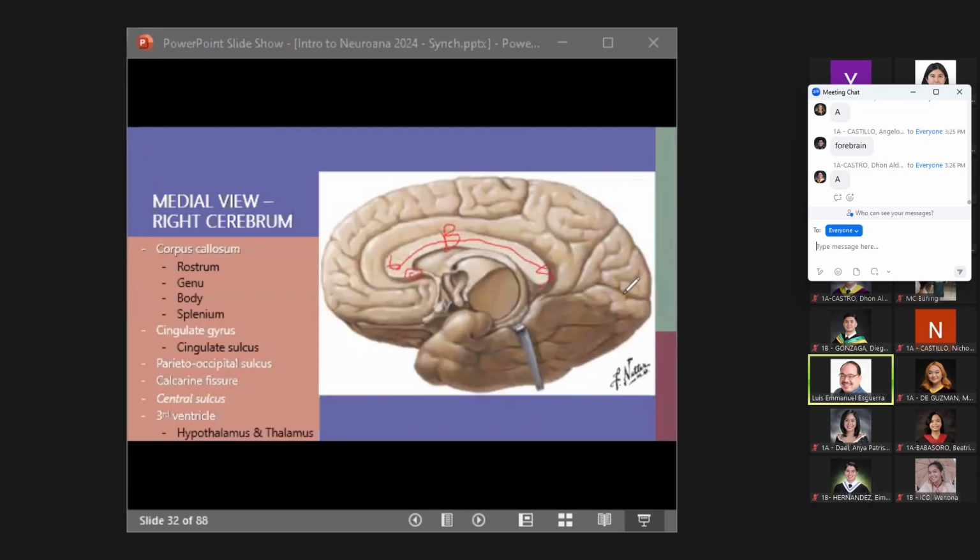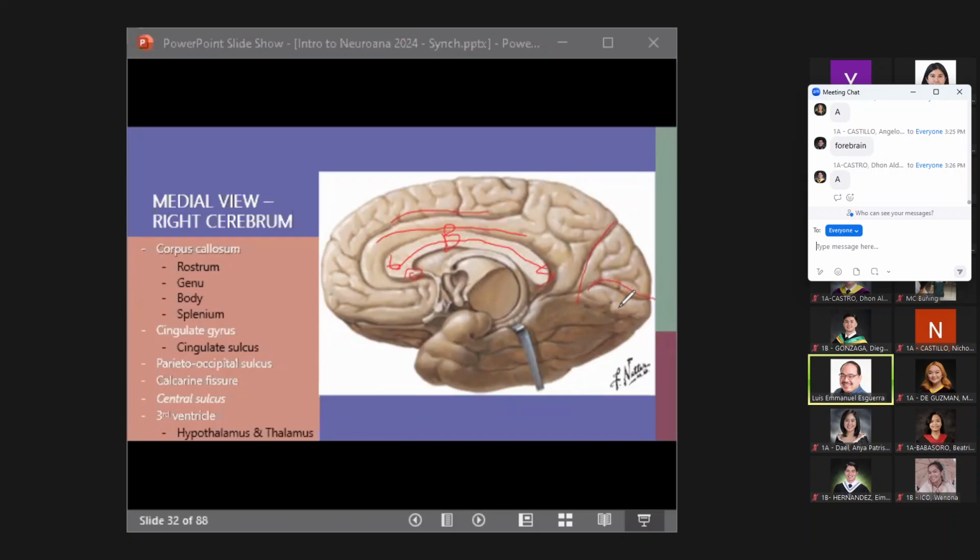There is the gyrus above it. This is the cingulate gyrus, and then the cingulate sulcus. This is the parieto-occipital sulcus. There's another groove here that is very important. This is the calcarine fissure, the important feature in the occipital lobe.